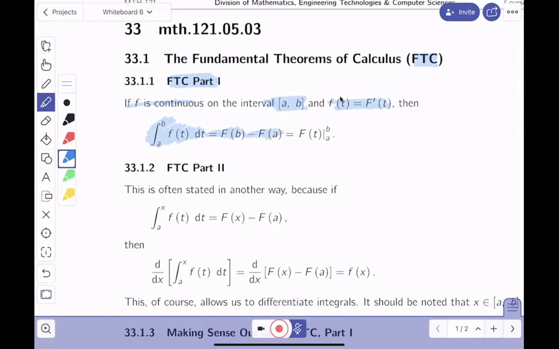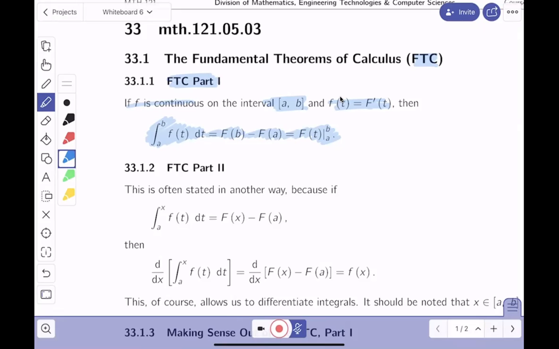Now, certainly they can claim whatever they want, but I got to go through this. So some notation over here. What is it going to be? The integration of f(t), provided f(t) is defined on the interval between a and b, continuous, that if we can find the antiderivative of little f with big F, and we evaluate it at b, the antiderivative at b, and we subtract away it evaluated at a, we would get the answer.